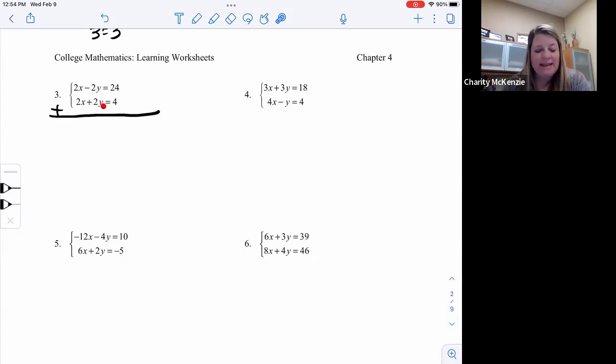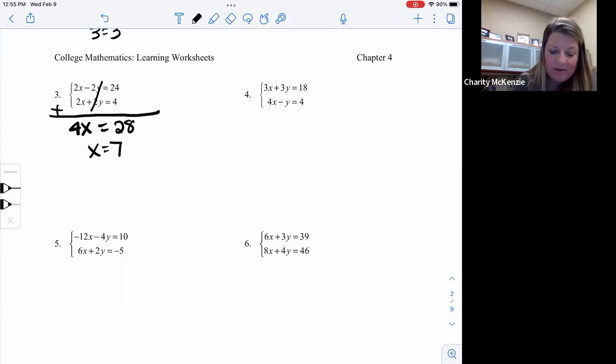So these would eliminate or go to 0. So we're going to treat this like a big addition problem. 2x plus 2x is 4x. Negative 2y plus 2y is 0. Equals 24 plus 4 is 28. Then I can divide and I find my x value is 7.